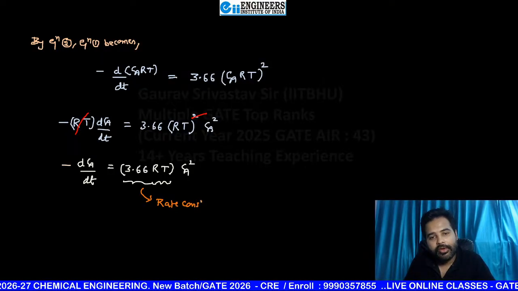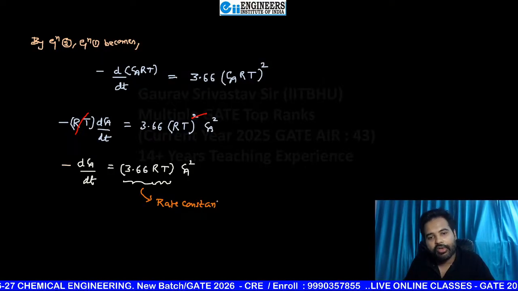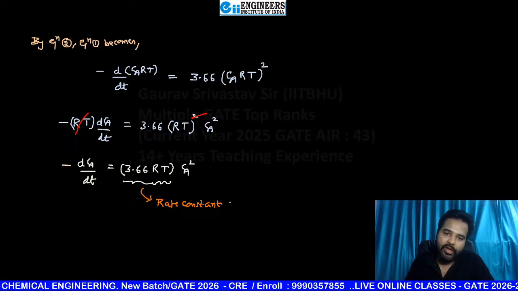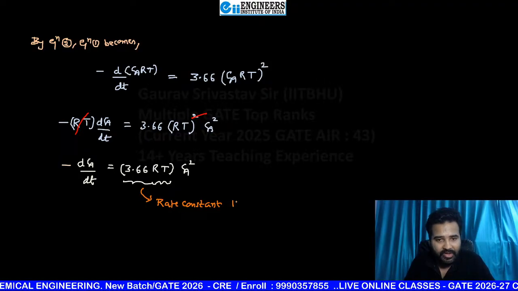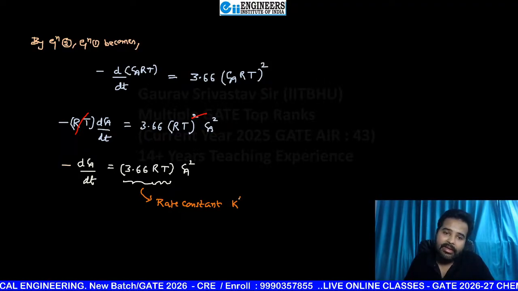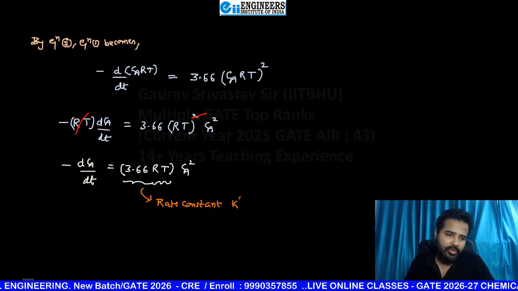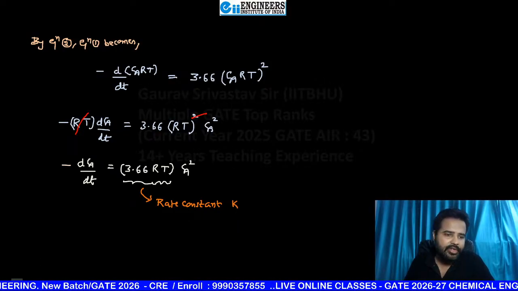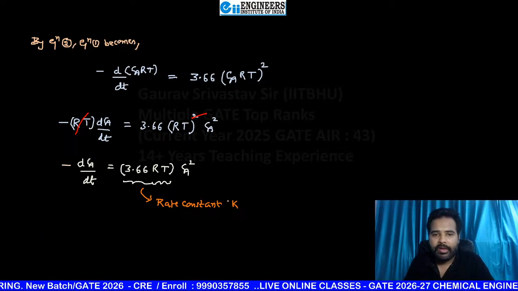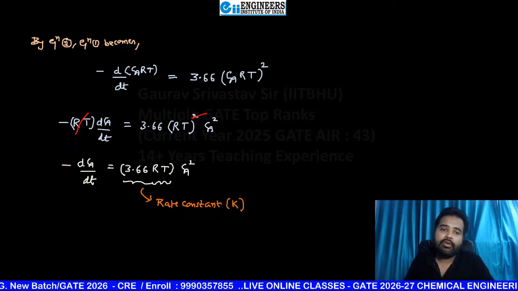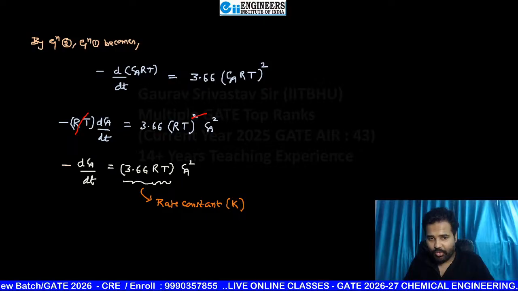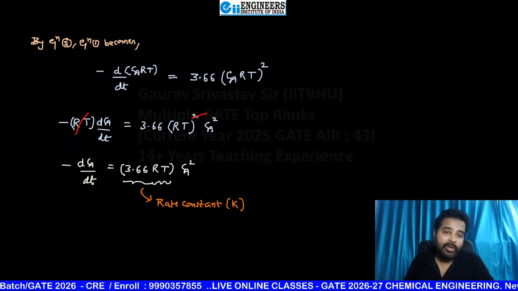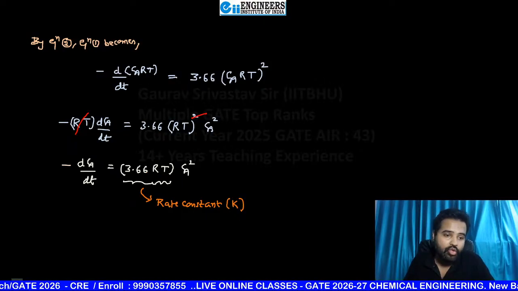Now you can assume this rate constant as, suppose I am writing k dash, or because previously we had not written anything, just write k, the reaction rate constant k. By comparison, this is our k. But still the numerical value is not there.